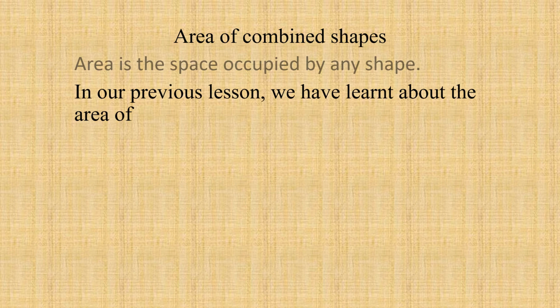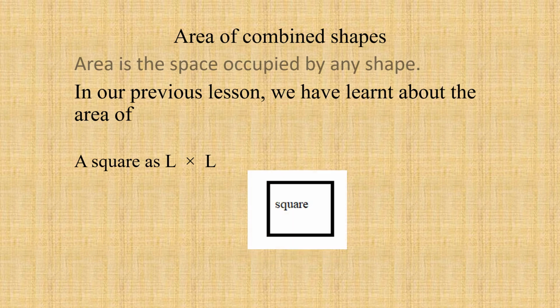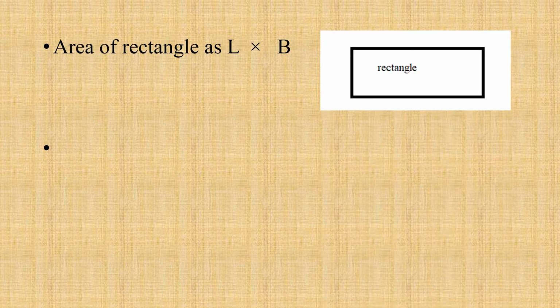We have learned that the area of a square is length times length. This is a square, just to remind you. We also learned that the area of a rectangle is length times breadth, and this is a rectangle. Is that clear?